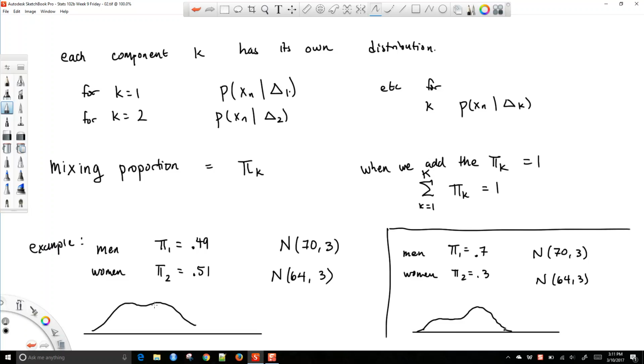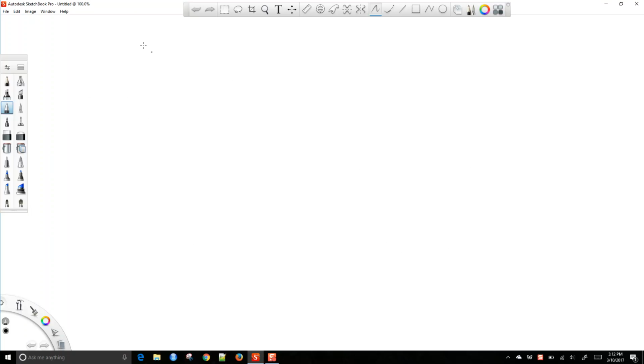Likewise, depending on how our proportions are defined, our data set could look different. If one of the proportions is low, you might just have a few points here and a whole bunch of points coming from the other component. So this is pi 1 at like 0.2, and over here pi 2 is equal to 0.8 or something. And of course, you could have more components.